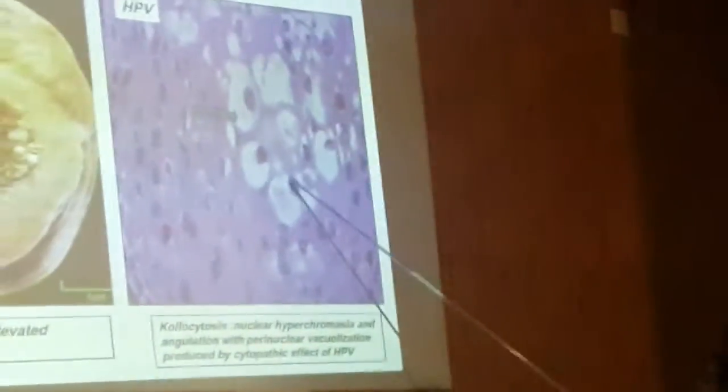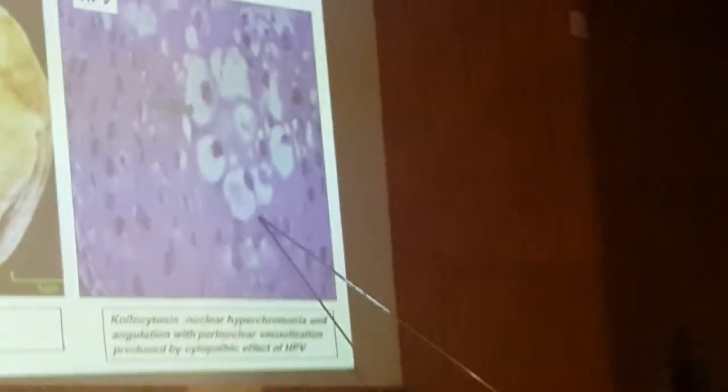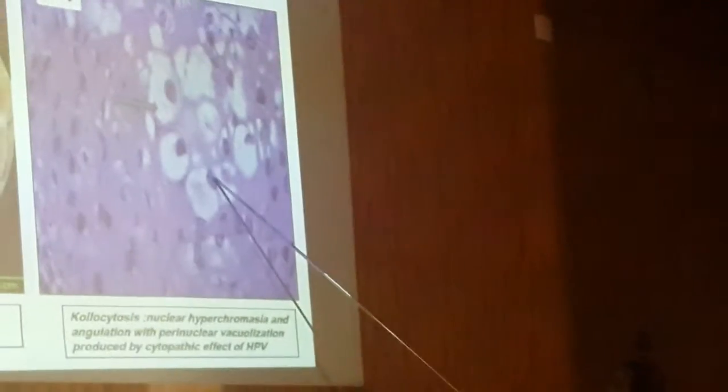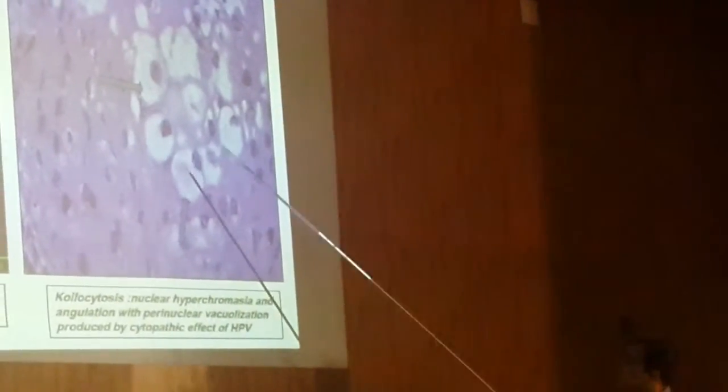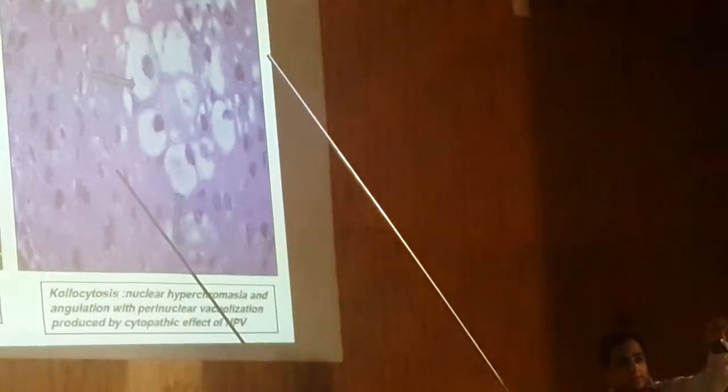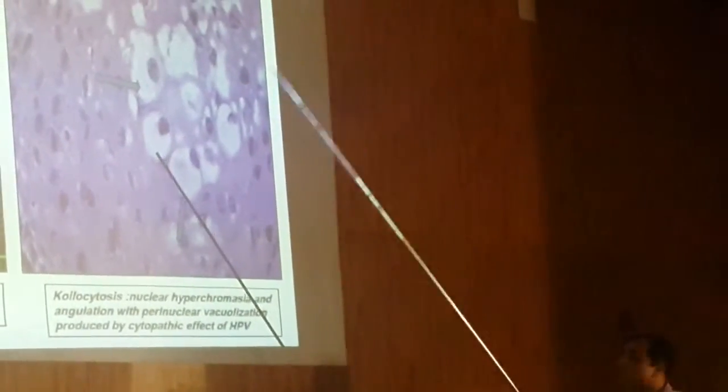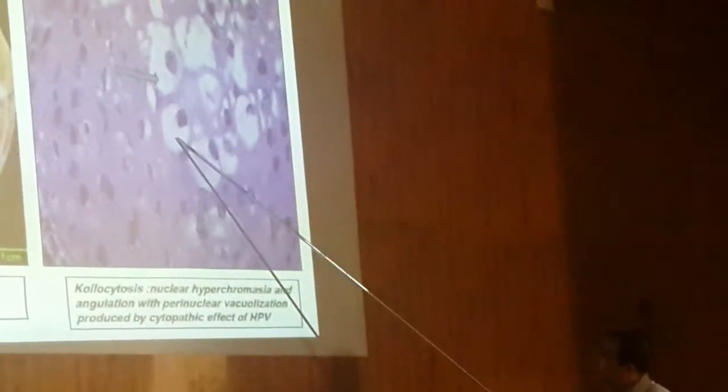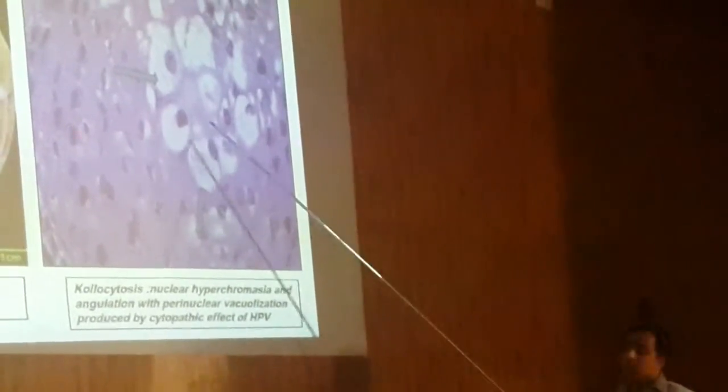This is a koilocyte. This is the nucleus. The nucleus becomes hyperchromatic, dark in color, with some angulation, like here. So an angulated, hyperchromatic nucleus, surrounded by a perinuclear halo, a clear space around the nucleus. These cells have HPV infection.